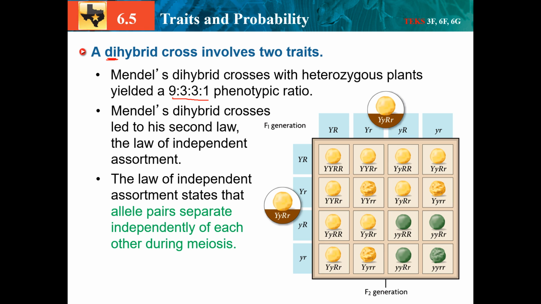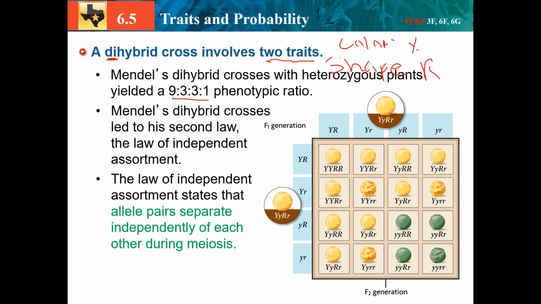So imagine the dihybrid cross, you're doing 2 traits. Here, they did the trait for color, which they used Y for, and then shape, or the P, which they used as the R. So we crossed 2 heterozygous parents where they were heterozygous for both traits.